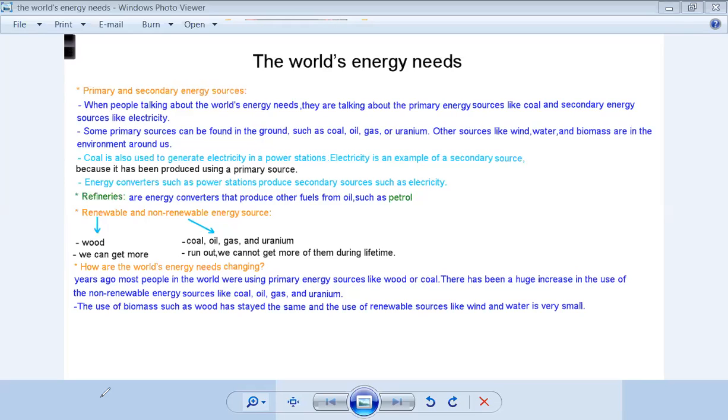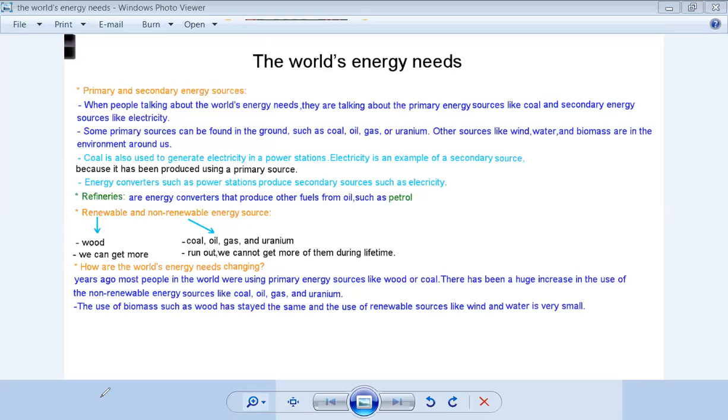So in the old days, they were depending on wood. Even the trains, for example, were using coal to run, right? They were using water from the dams to generate electricity. So they were using the primary sources.